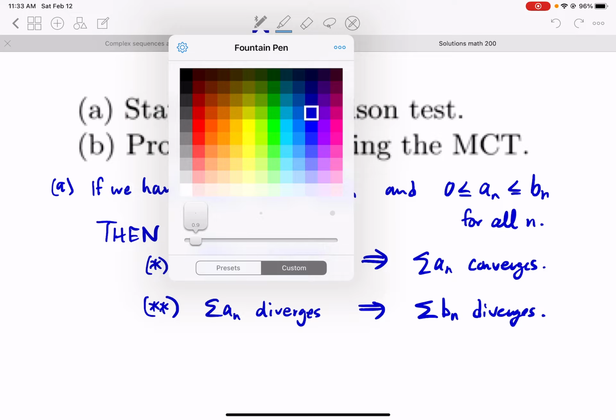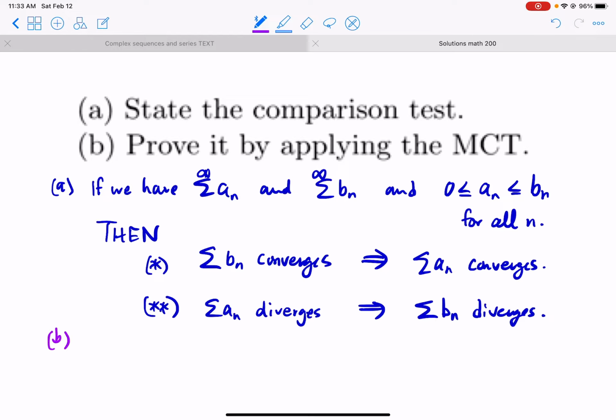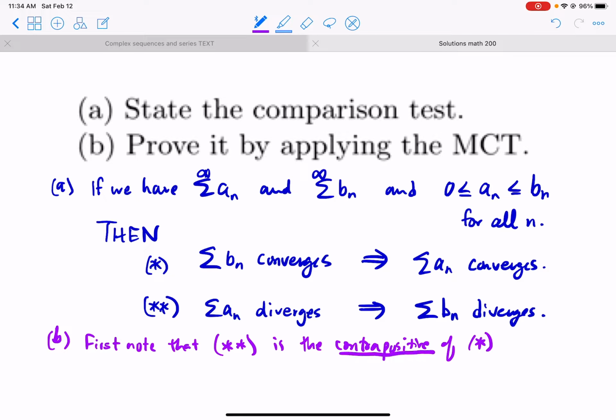So I'll switch color. So part B. First note that 2 is the contrapositive of 1, of star 1, or of 1 star. And you don't have to use this word, but it's good to know it. You could just say that, instead of using a fancy word, the second statement is logically equivalent to the first.